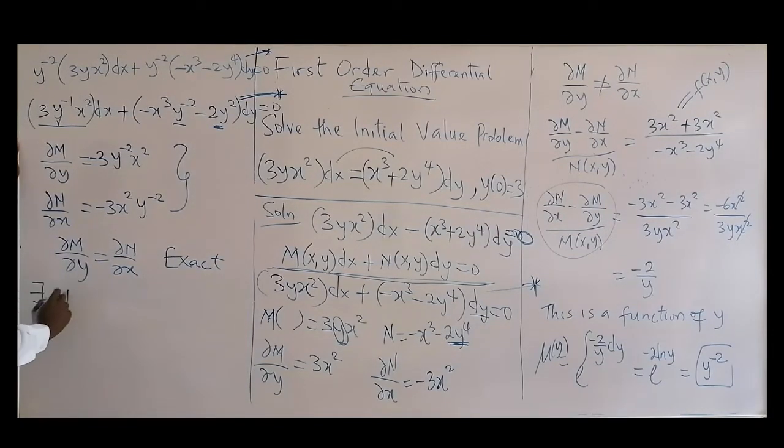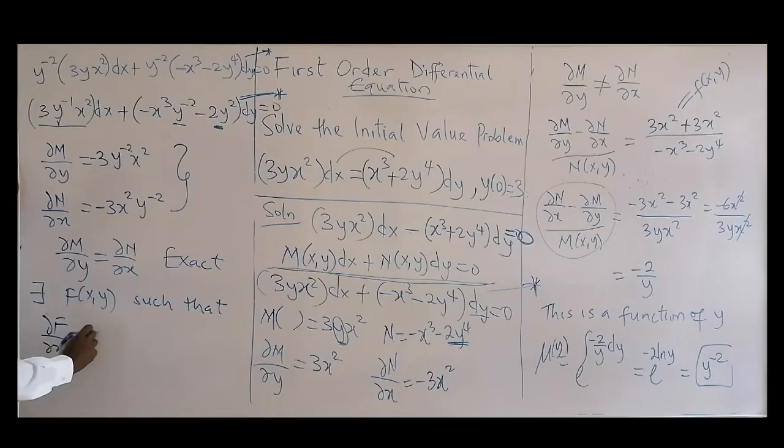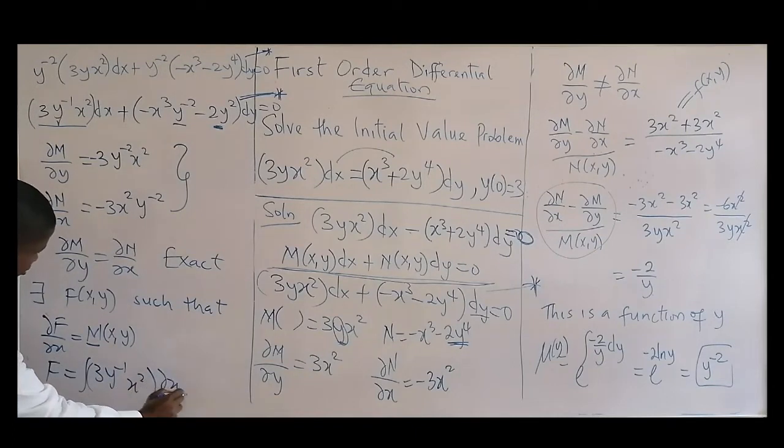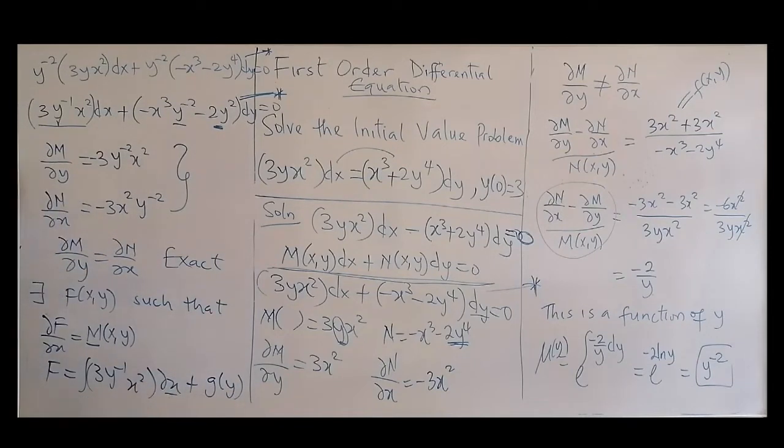So there is now a function f such that the partial differential of f with respect to x is equal to M. That will give us f equal to the integral of our M function, which is (3y minus 1)x squared, dx, then put the constant of integration there, which will be g of y, because you are integrating with respect to x.